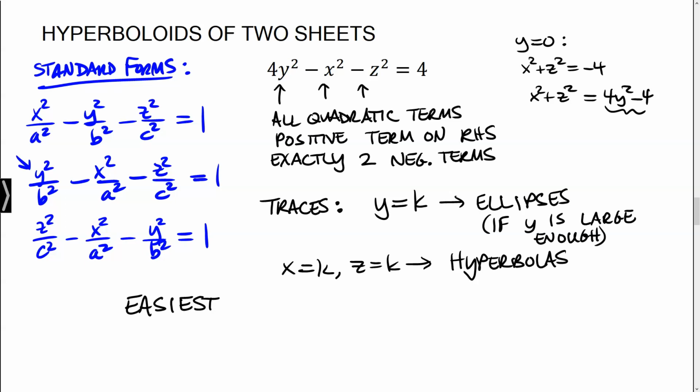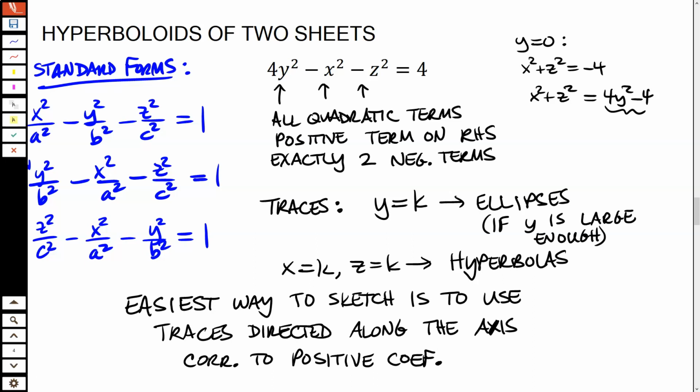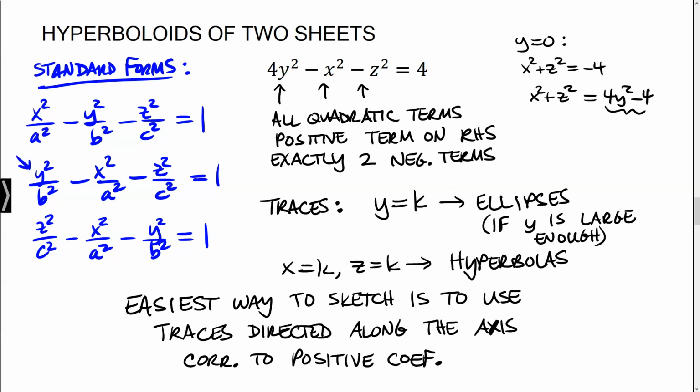So it's always the one that's the oddball that doesn't match the other ones. Okay, so we sketch using traces directed along the axis corresponding to the positive coefficient. Let me just emphasize here, this is always the one that corresponds to the term with the positive coefficient.